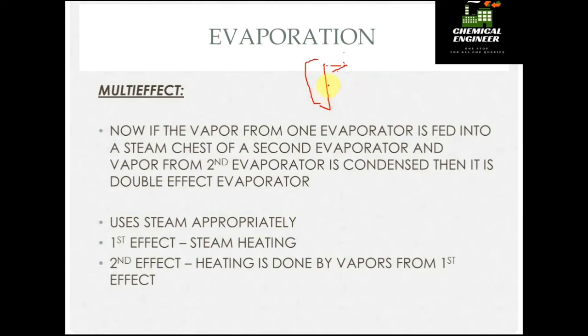So these vapors are again used as a heating medium in the second evaporator. If they are used in the second evaporator as a heating medium, then this becomes a second or double effect evaporator. In the first effect the heating medium is steam, and in the second effect heating is done by the vapors from the first effect.